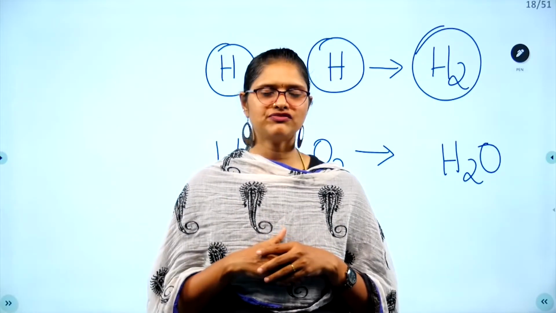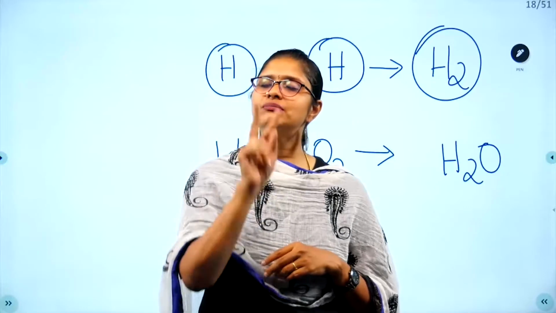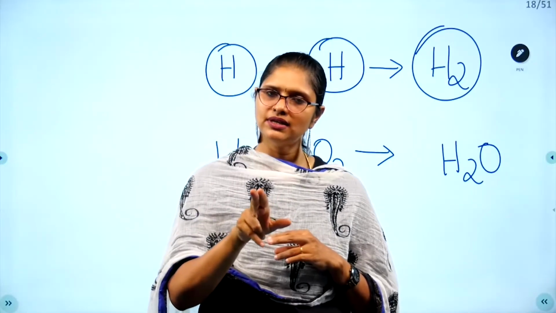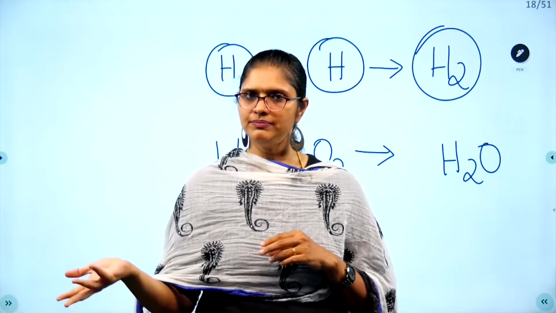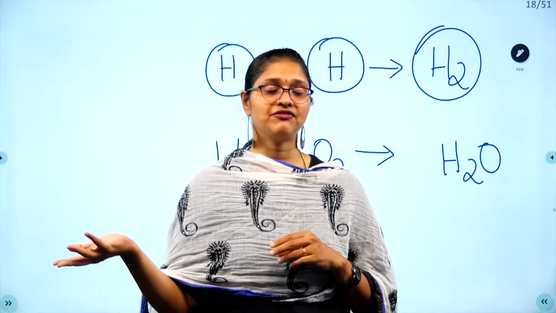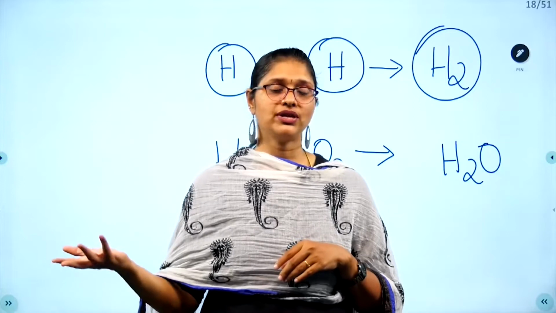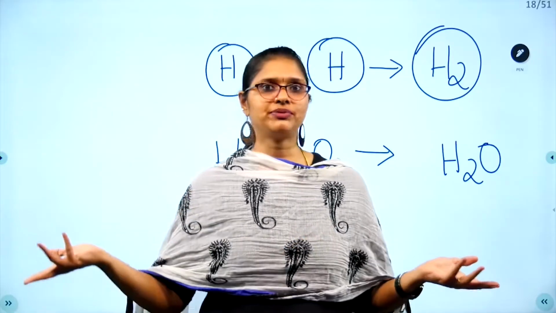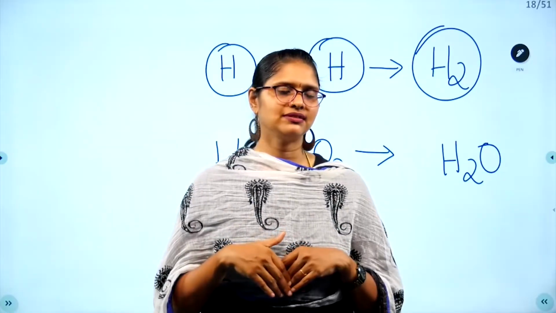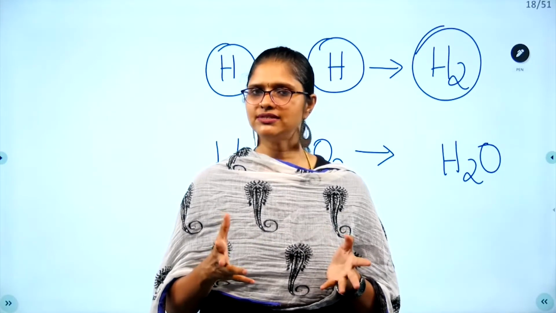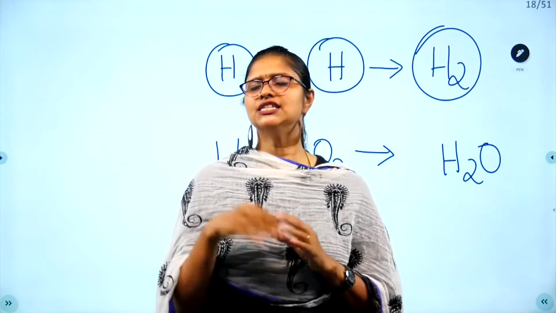So when two similar atoms combine to form a molecule, it will have the same properties, whereas when two different atoms combine, it forms a compound which has different properties from the elements, not the same property. Understood? Yes.